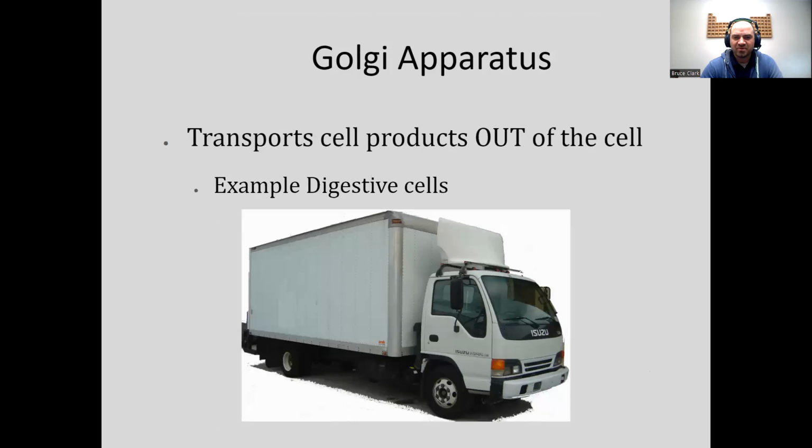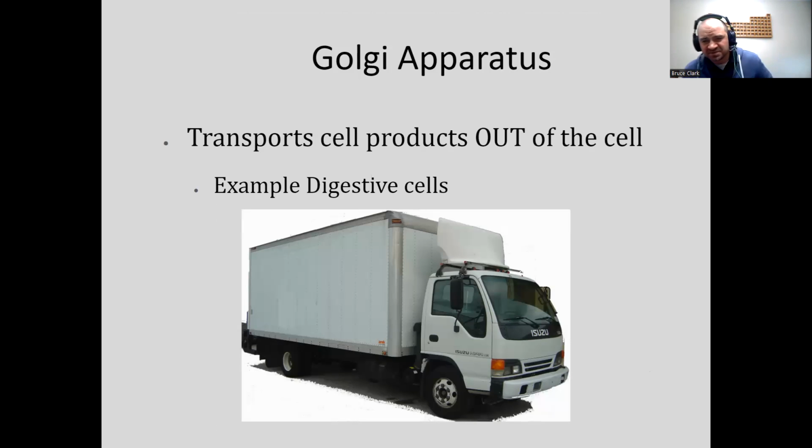If we need to transport things outside of the cell, right? If we need to send something into that extracellular space, we call on the Golgi apparatus. You might also see it referred to as the Golgi bodies. All right, Golgi apparatus is the more accepted term currently. And so they're going to transport products outside of the cell.